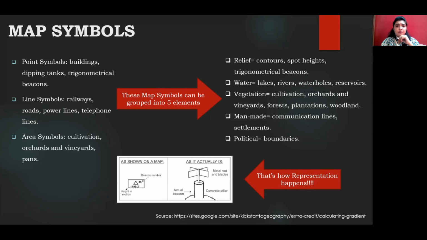Vegetation elements are majorly the cultivation taking place in that area, the orchards, the vineyards, the forests, the plantations, the woodland areas. All that comes under vegetation. The man-made features will be majorly the communication lines and the settlements, and the political elements will be in terms of boundaries. Be it village boundaries, city boundaries, or international boundaries, all these will be depicted in the map.